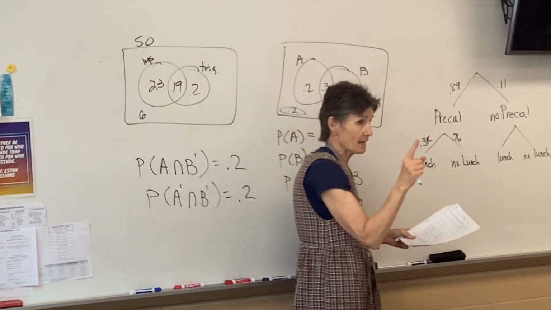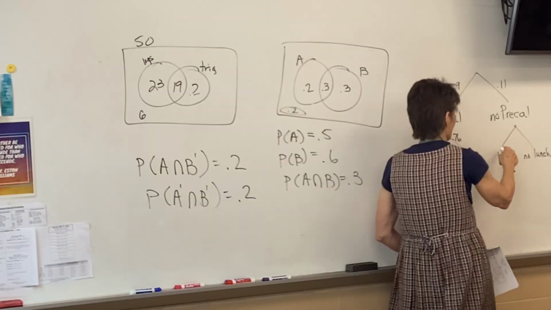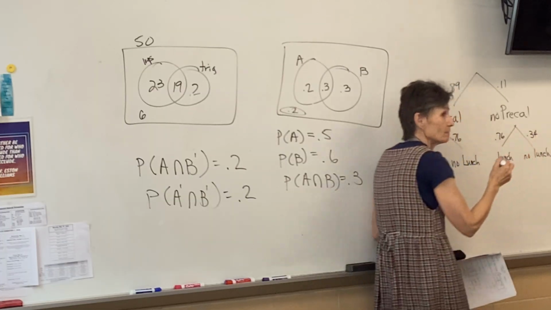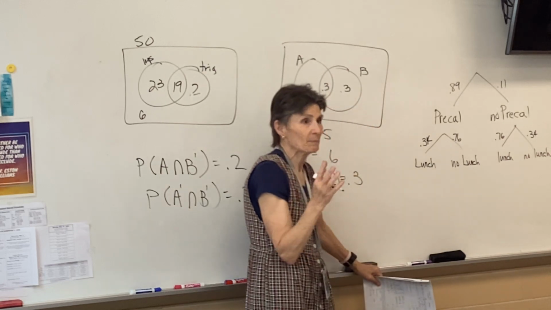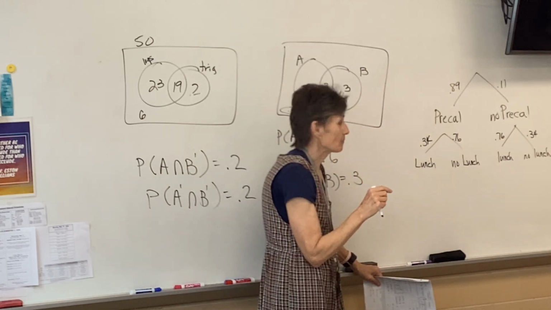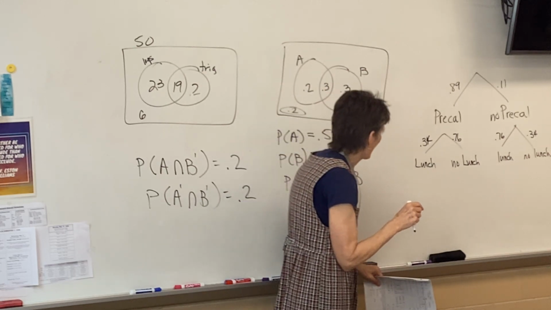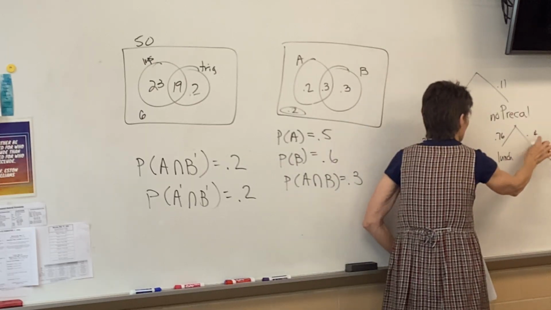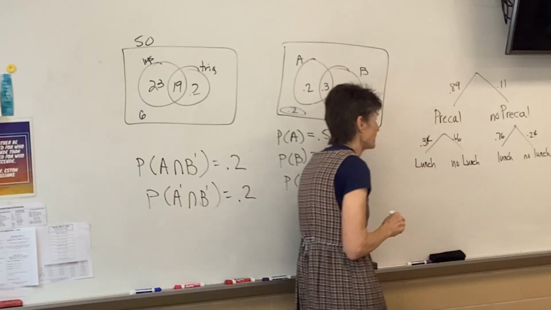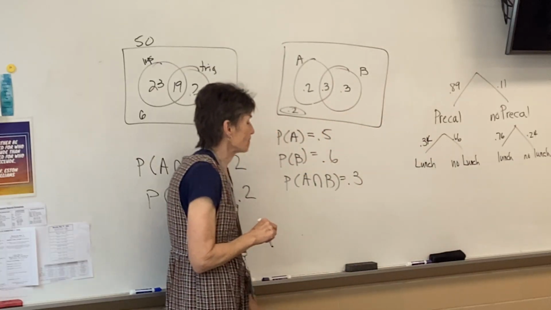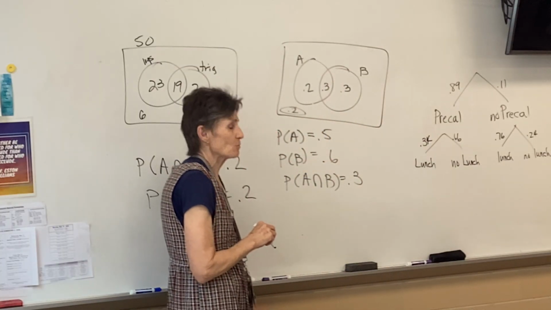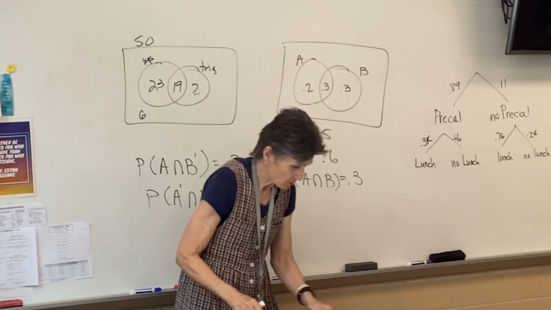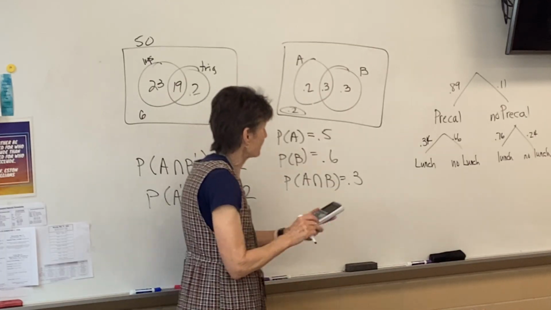If he doesn't take pre-cal, then lunch is 0.76 and no lunch is 0.24. Those numbers just happen to be the same. It's not 6-6. Oh, yeah, it is 6.6, thank you. And this is 2.4, they're not the same. Thank you, you're right. Good catch, I would have just gotten the right answer.